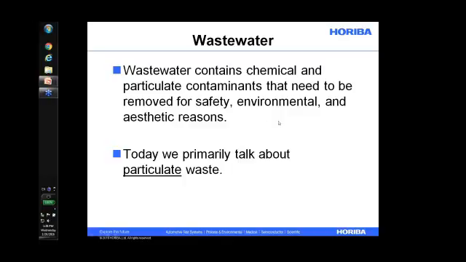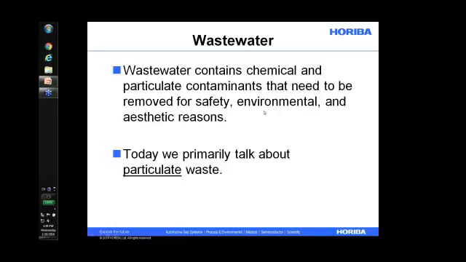So for example, if you have drinking water and it's cloudy, and the cloudiness is from something completely benign, it still looks kind of yucky. And of course, if the cloudiness is like milk and it's from milk fat and protein, that looks great, but that's a different matter. Here we're trying to remove these contaminants so it looks nice, so that it's better for the environment and more safe.